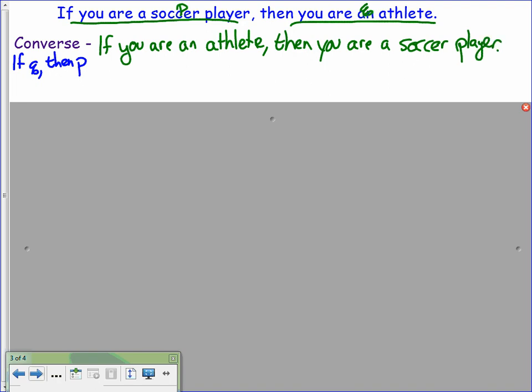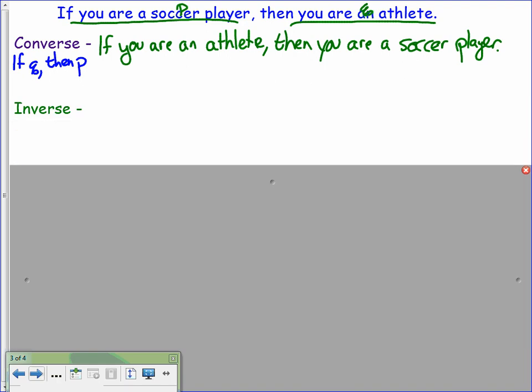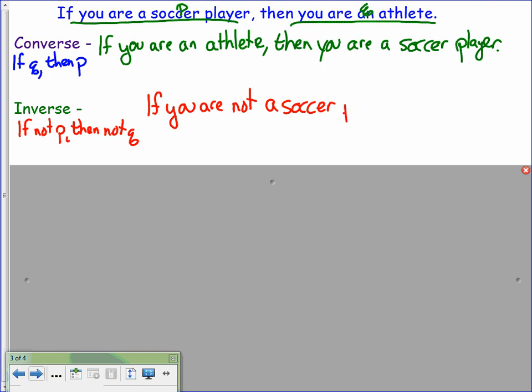Again, we're not talking about the validity of these, we are talking about just writing these as statements. So then the inverse is if not P, then not Q. So if you are not a soccer player, then you are not an athlete.